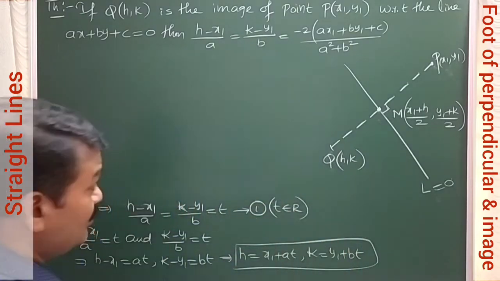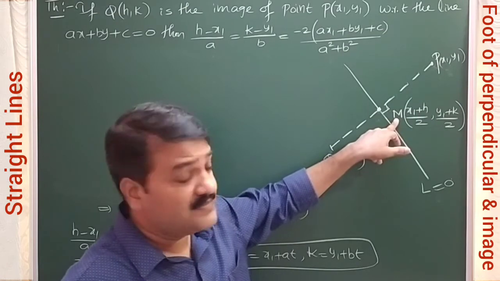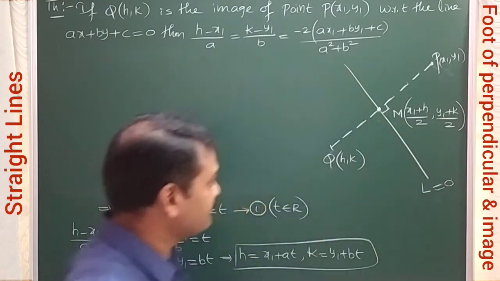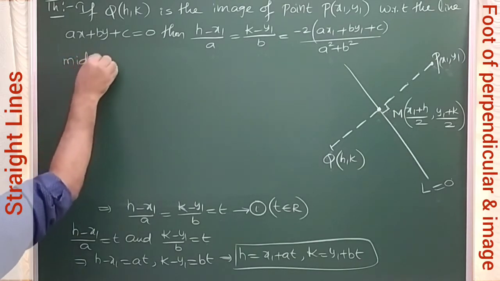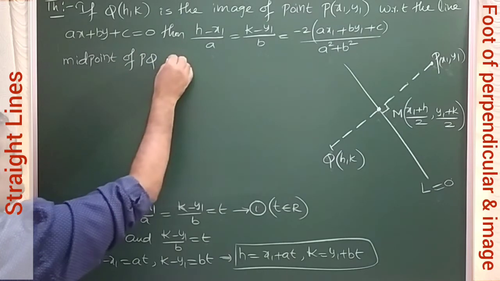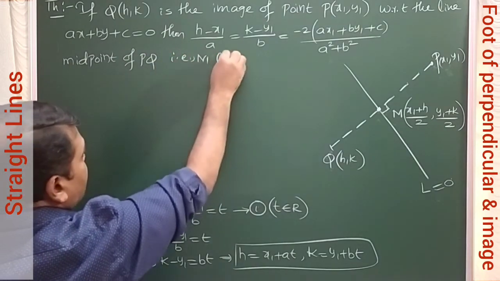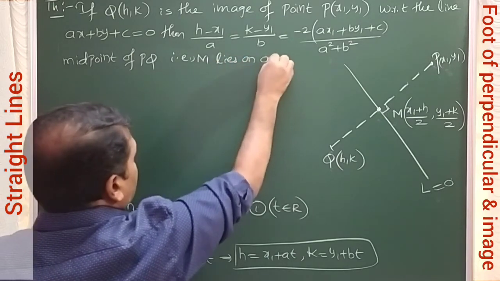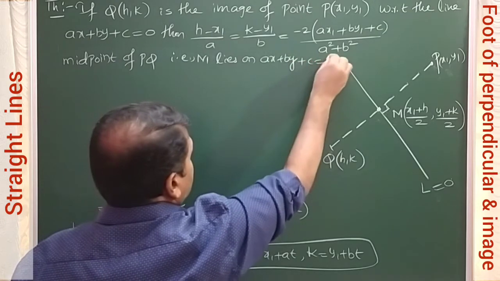Okay, so now the midpoint of PQ I am taking as M. This M lies on the line. So the midpoint of PQ, that is M, lies on ax + by + c = 0.